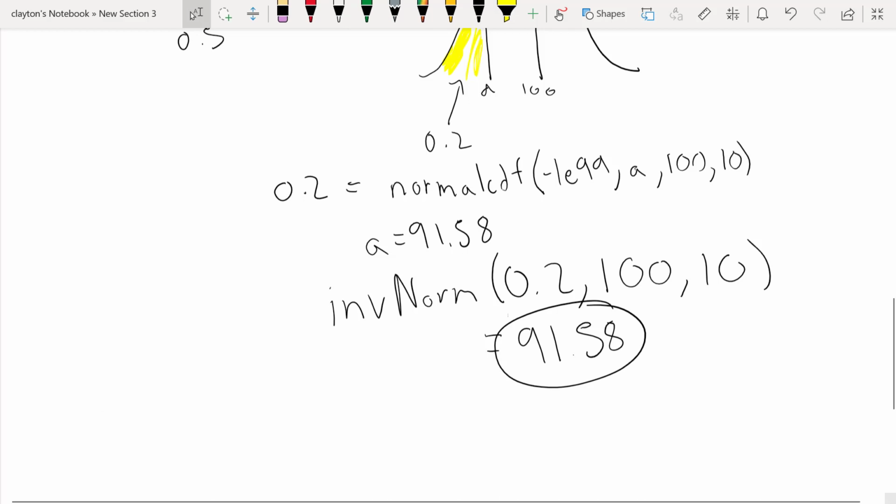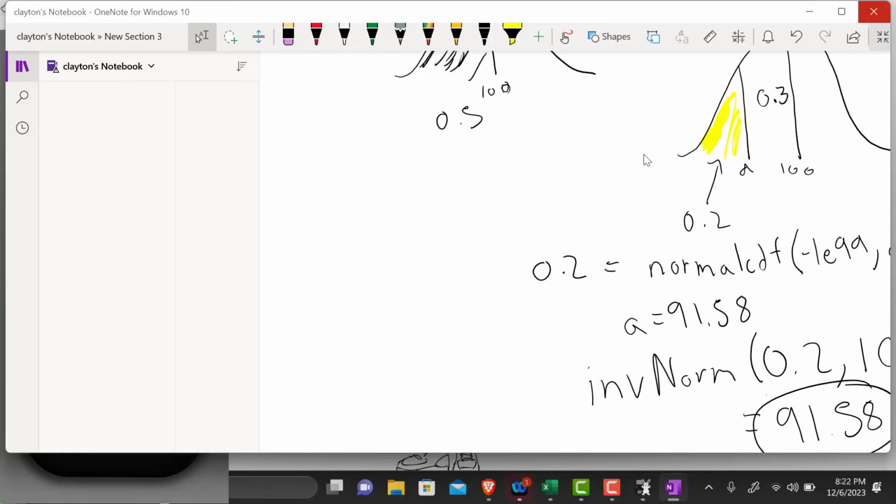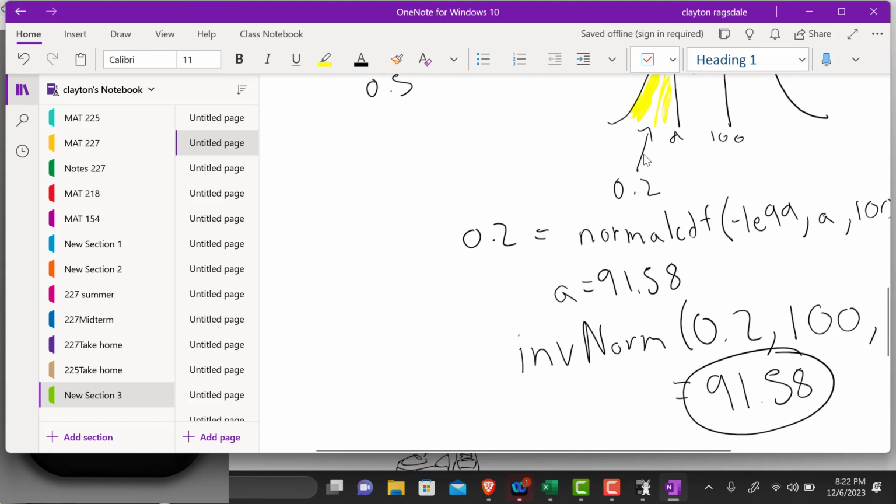And I'll go ahead and verify. 91, that's not right. Okay. Let's try that again. Maybe I typed it in wrong. It should be 99.25, so unless I typed in something. Let's see.